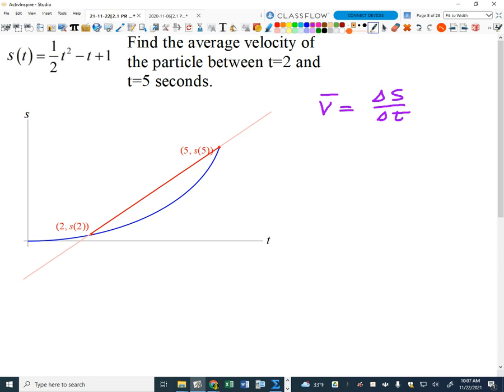We've got our difference quotient. Instead of f's, we've got s's. Instead of x's, we've got t's. So what is going to be the average rate of change of position then?